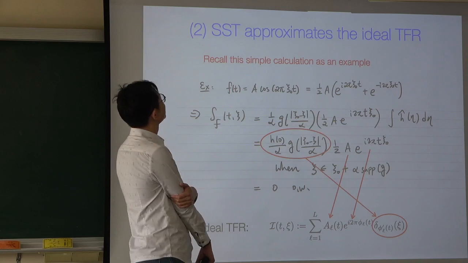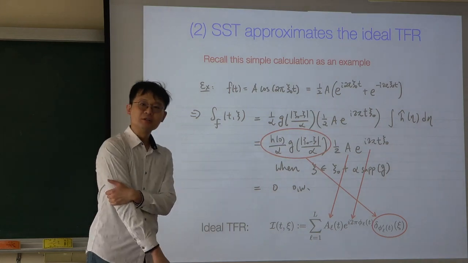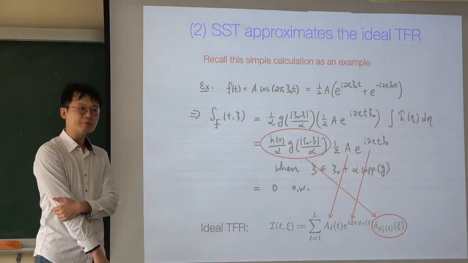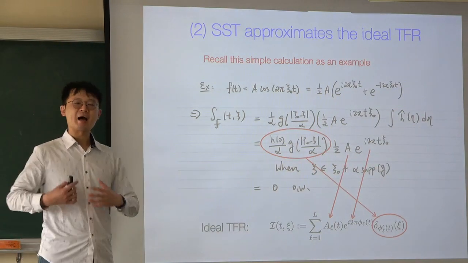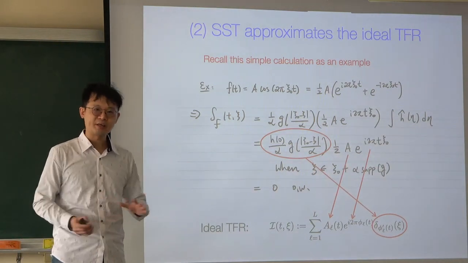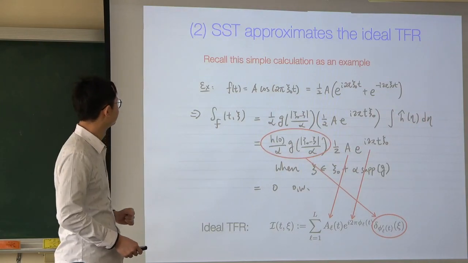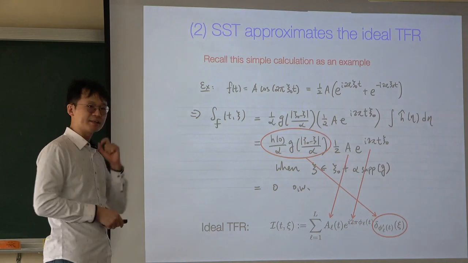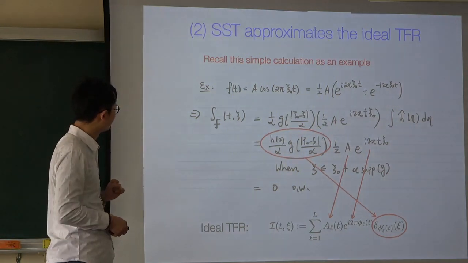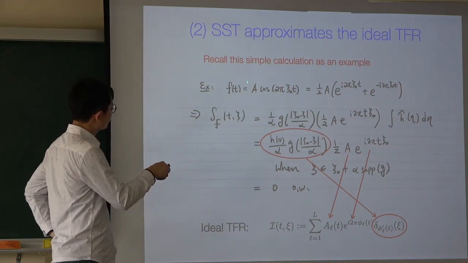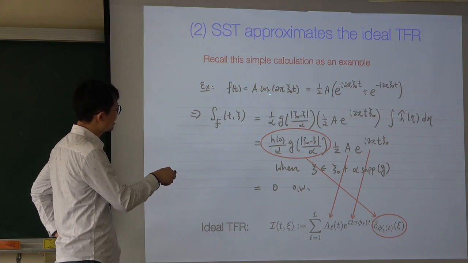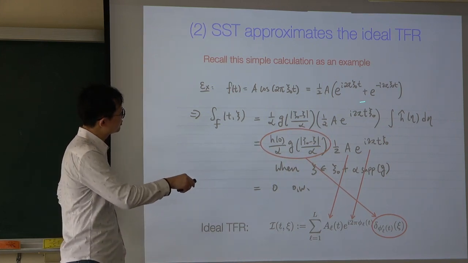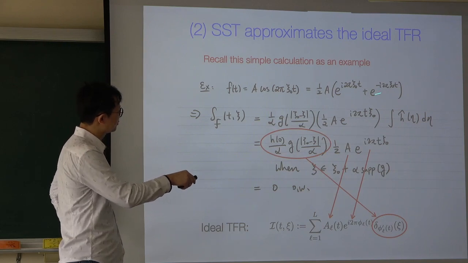And the second one is about how and why the synchro squeezing transform can help us to approximate the ideal time frequency representation that we have interest in in the very end. So recall this very simple calculation as an example so that we can see what's going on. First, suppose we have a function f, which is a cosine 2 pi c0 t, which you can write using Euler's formula as a summation of two functions.